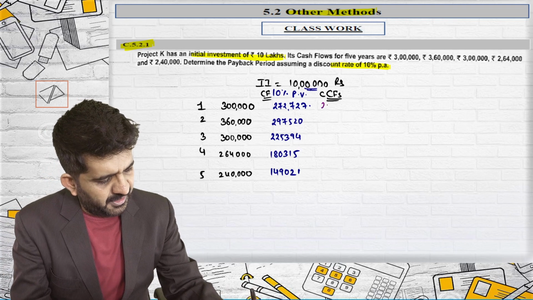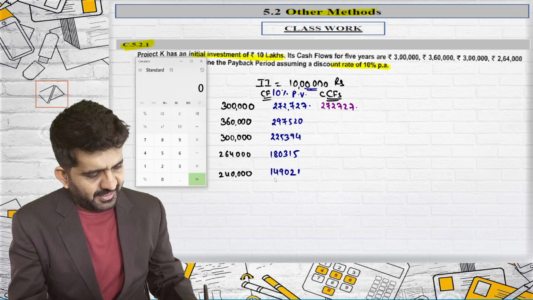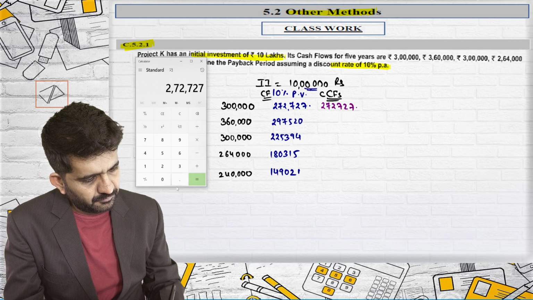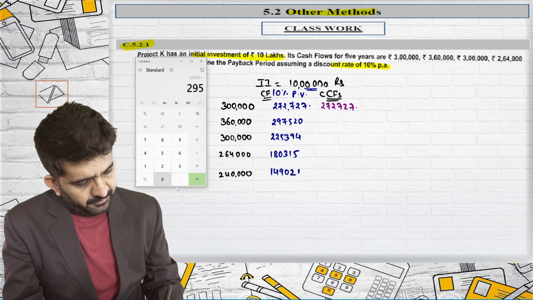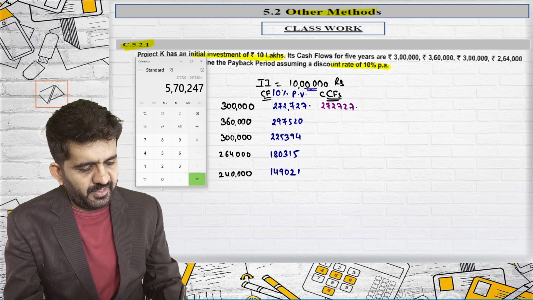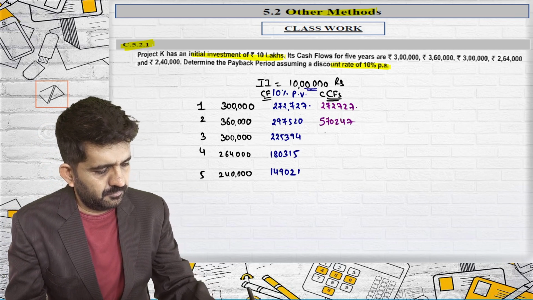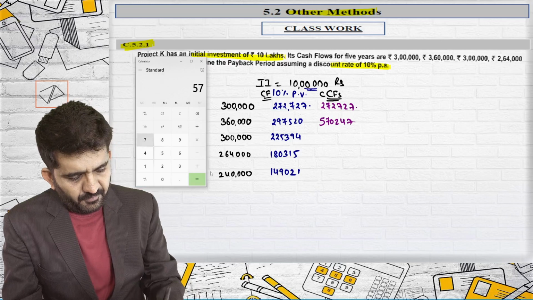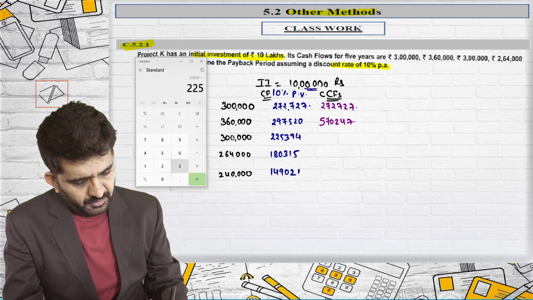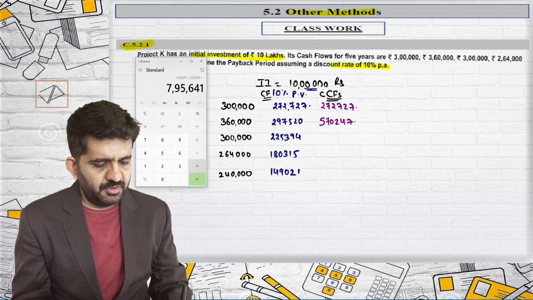First year it remains same, 272,727. Second year, total of first and second year, 272,727 plus 297,520 is 570,247. Again 570,247 plus 225,394 is 795,641.